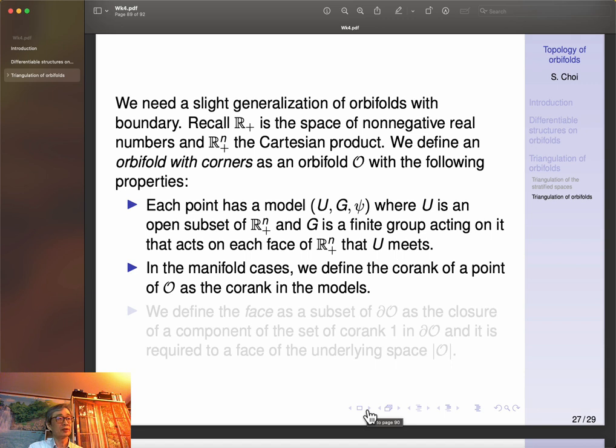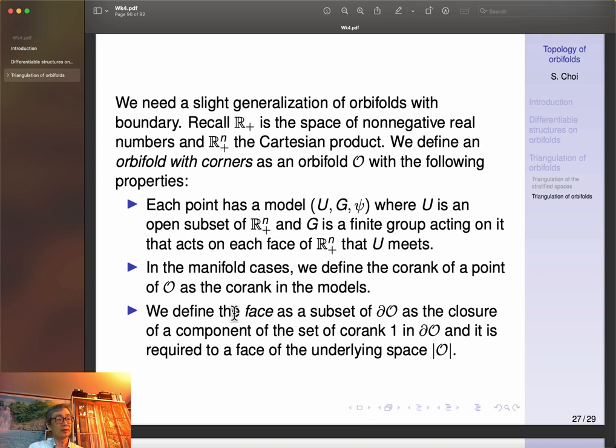So as in the manifold case, we define the co-rank of a point as the co-rank in the model. Any point here will have some co-rank, which means there is some stratum that contains this point. This has a natural stratification, and the co-rank is the co-dimension of the least subspace, which is a product of these, containing the point.